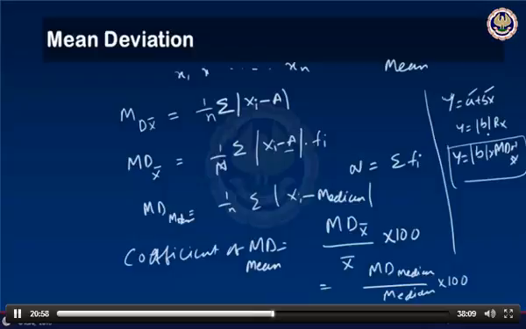Students, remember it is a very important property related to measures of dispersion: range, mean deviation, quartile deviation, and standard deviation are affected by scale only, but not by origin.